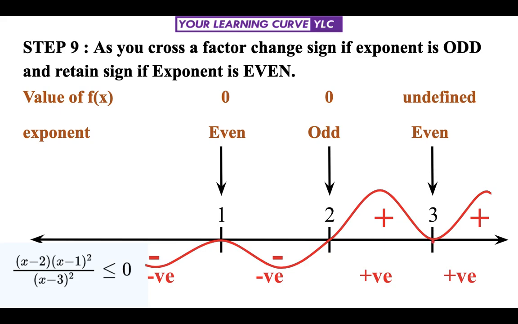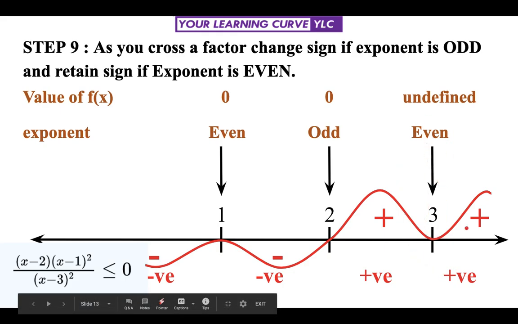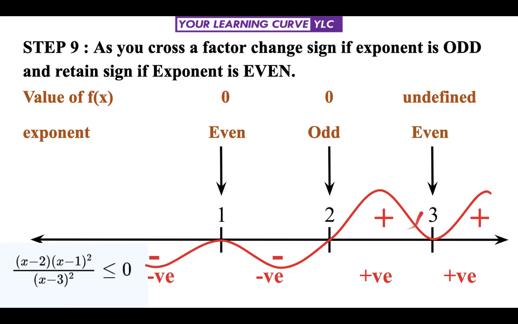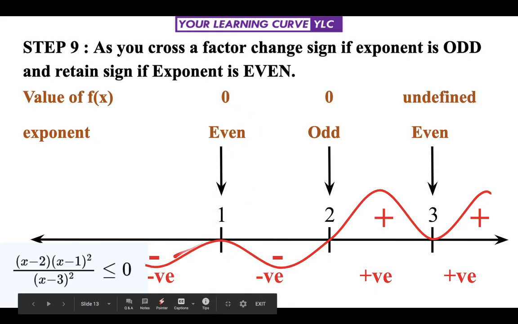You touch the axis, and then if the power of that factor is even, you keep the same sign, don't change the sign. If the power is odd, you change the sign. Here the power is even, we will not change the sign, we will keep it positive. Here the power is odd, so we will change the sign to negative. Here the power is even, we will keep the sign negative.